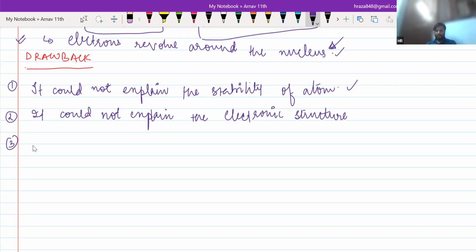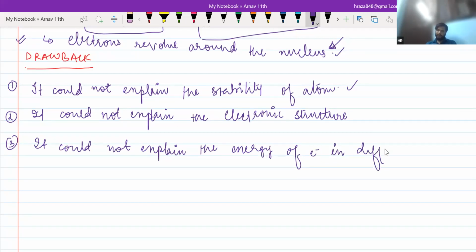It could not explain the energy of electron in different orbits. Different orbits have different energies. Okay, so please write all these points.